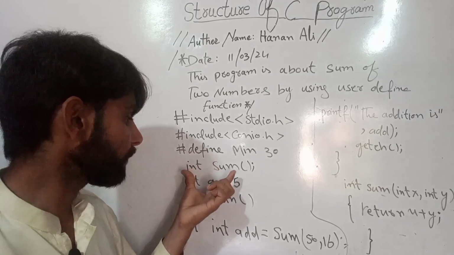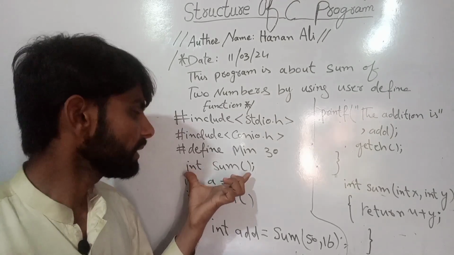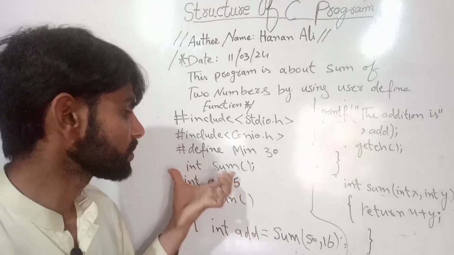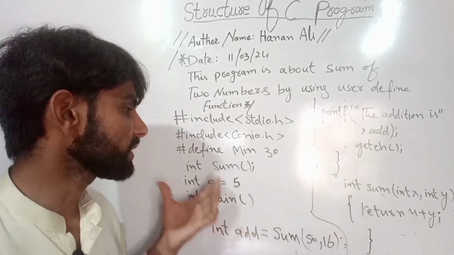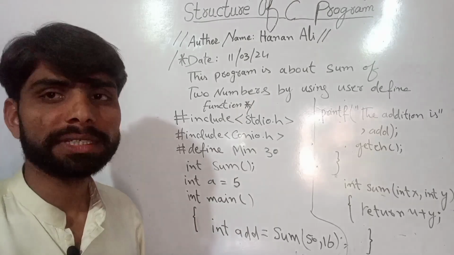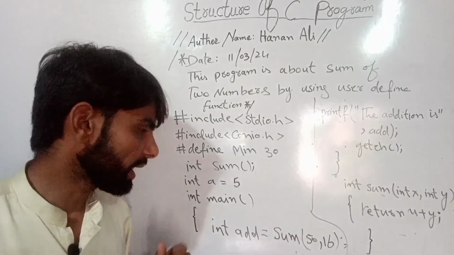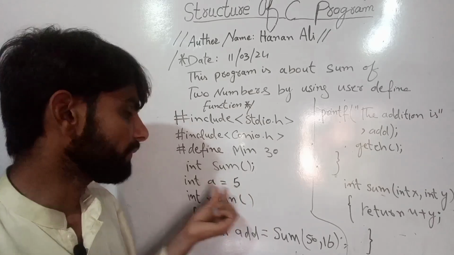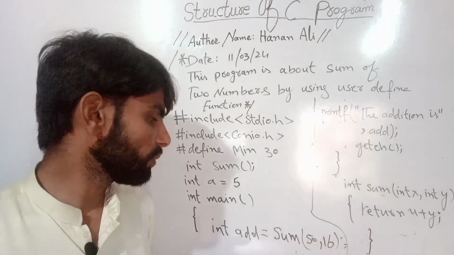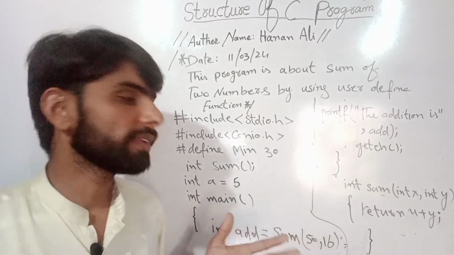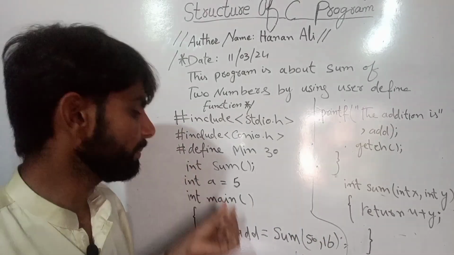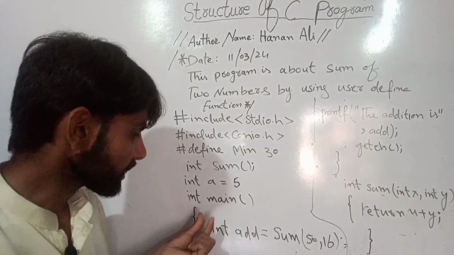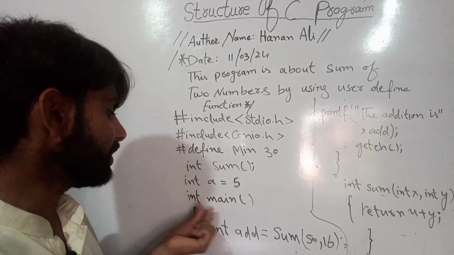That's why we write that statement in the global declaration section. This sum function can be used by another user defined function as well as main. And int a is also a global variable, a equals 5. That value I can use in another user defined function as well as in the main function.